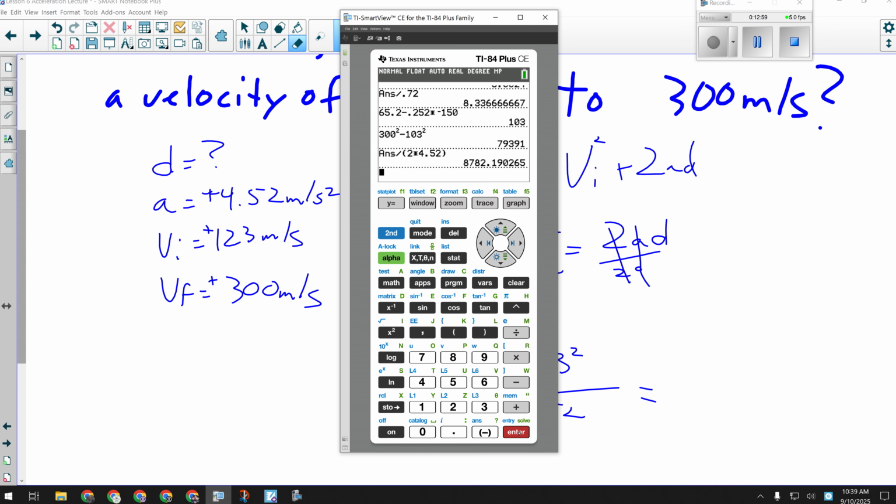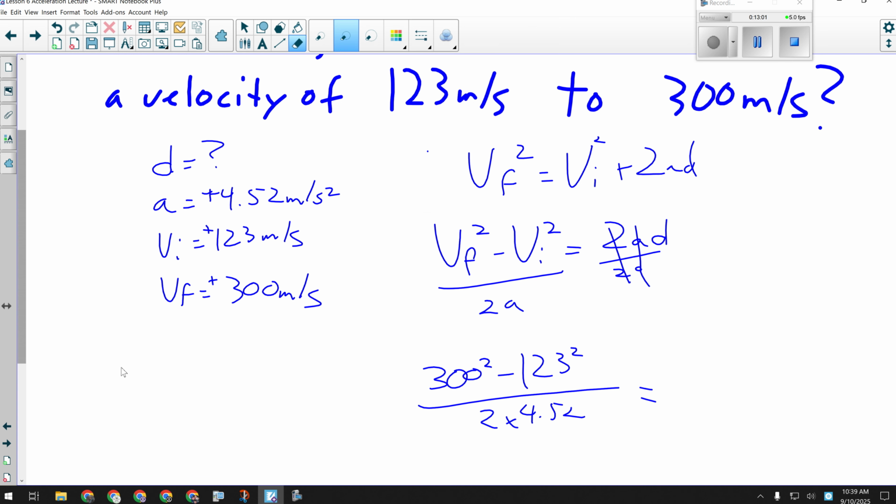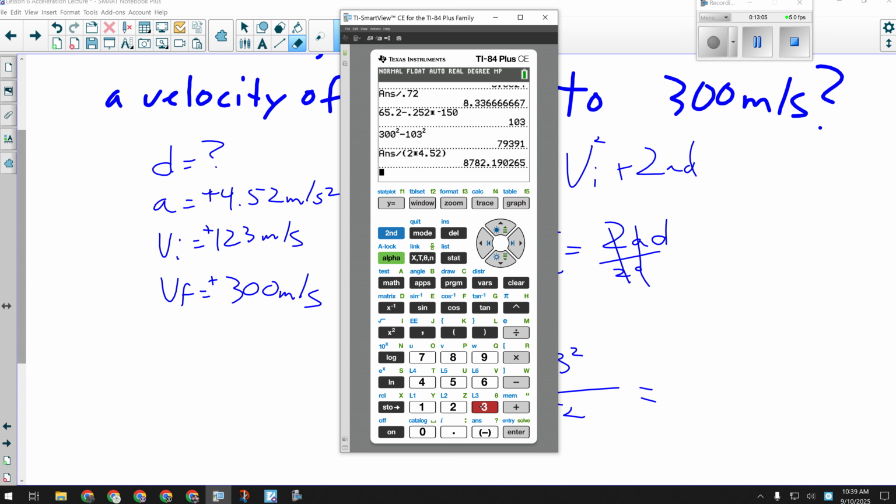So it's going to travel a fair ways there. Oh, sorry, I put 103, didn't I? Let's try that again. 300 squared minus 123 squared. Makes a big difference. Divided by 2 times 4.52.